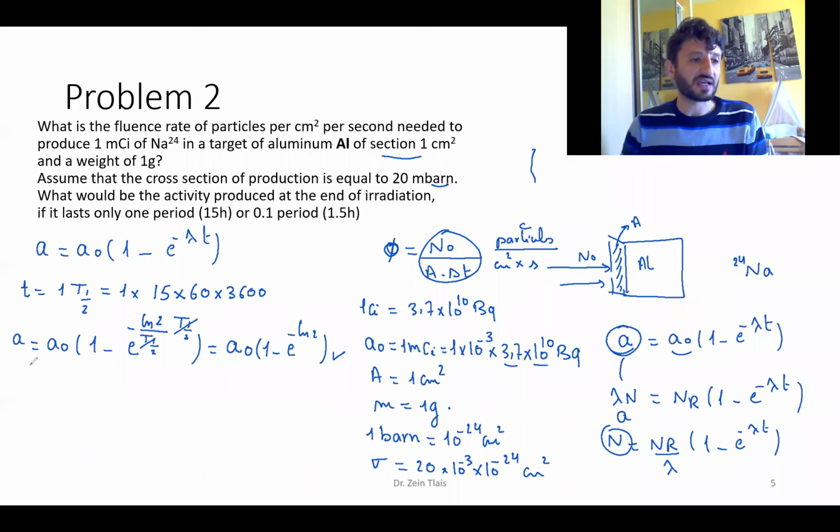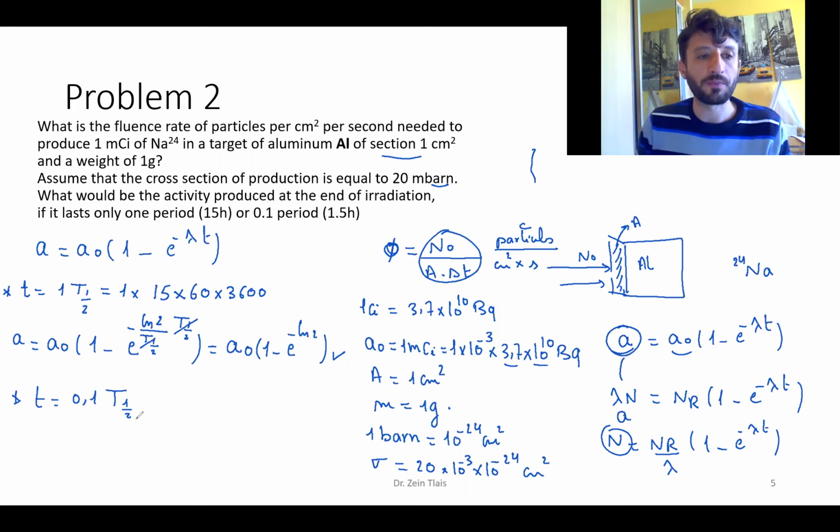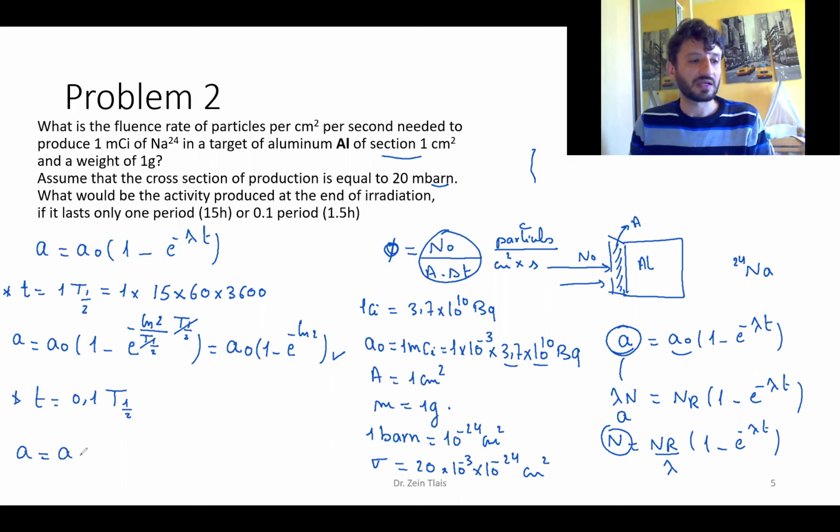Okay, the second part: I want to calculate the activity at a time equal to 0.1 of the period. We can apply the same calculation, which is 1 minus exponential minus lambda t, where lambda equals ln 2 divided by t half, times a time equal to 0.1 t half.